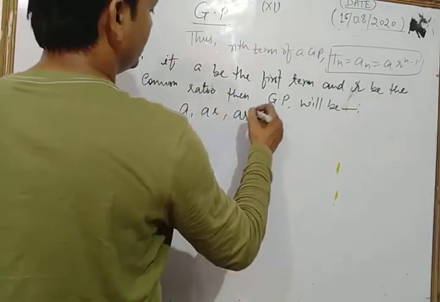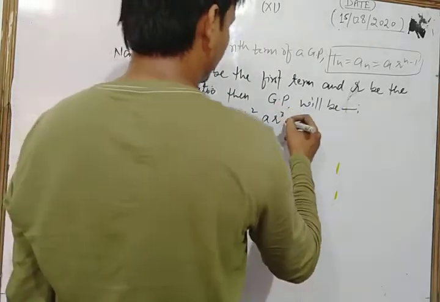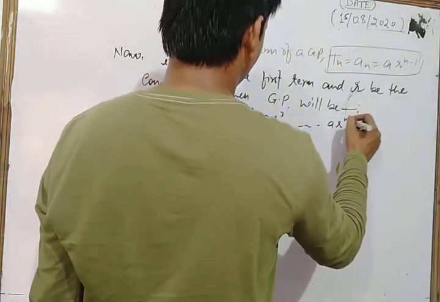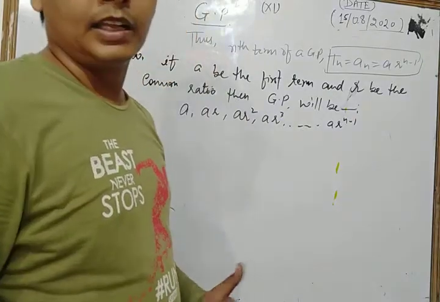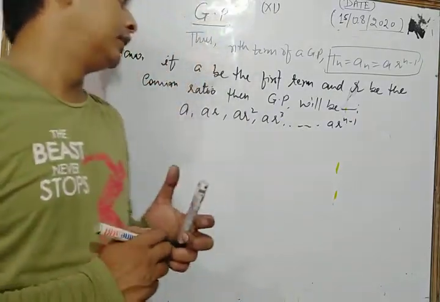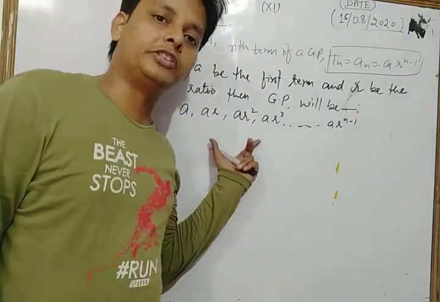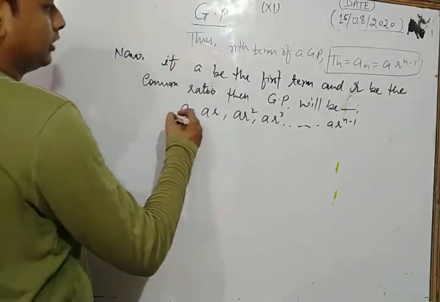A, A R, A R square, A R to the power 3 and so on, A R to the power n minus 1. This is the general term of the required GP.